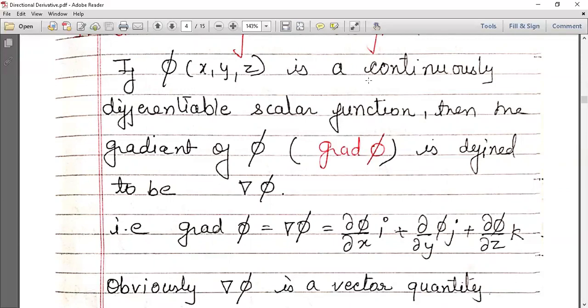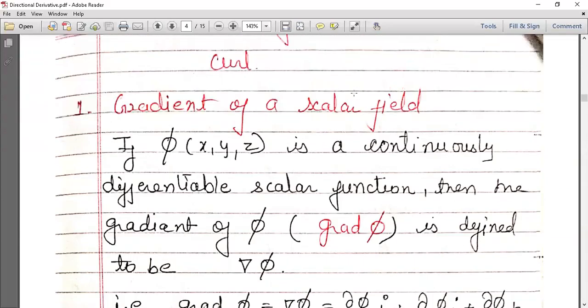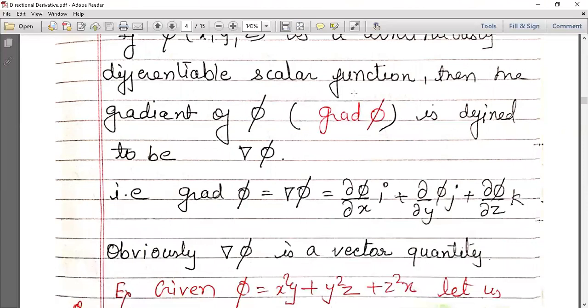So the gradient of phi, or of any scalar field, converts a scalar point function to a vector point function. Another way to say it: if we have a scalar and want to convert it into a vector, we can apply del phi. The conclusion for this definition is that del phi is a vector quantity.